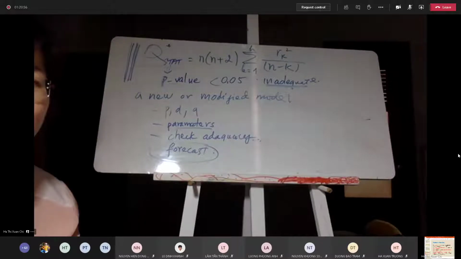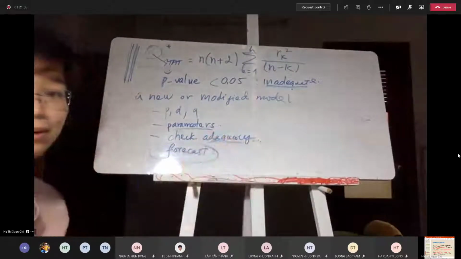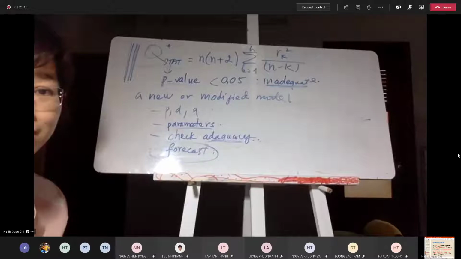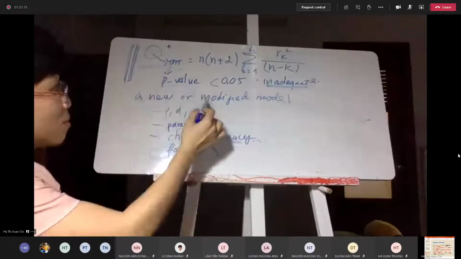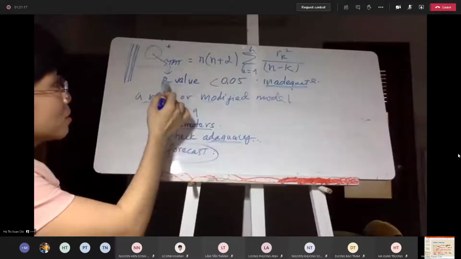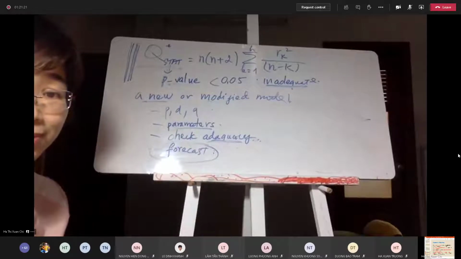Right now we need to use the Portmanteau test, the test for residuals, to check the adequacy. If not, we must modify or make a new model until the p-value is greater than 0.05.